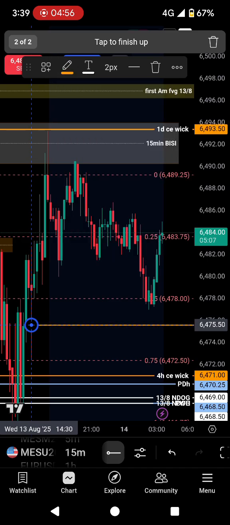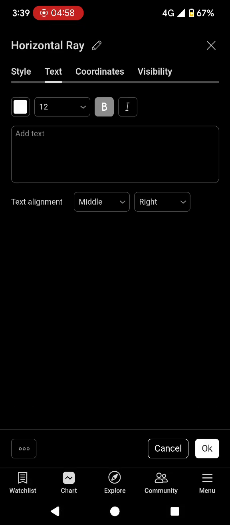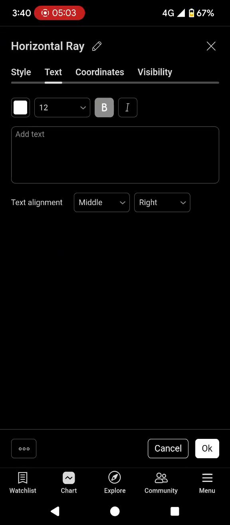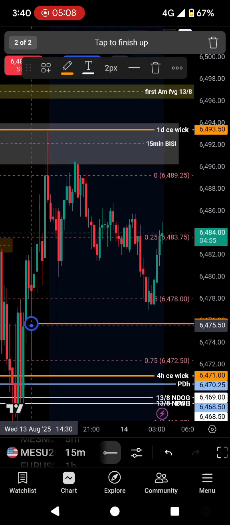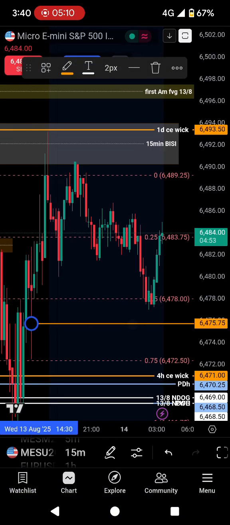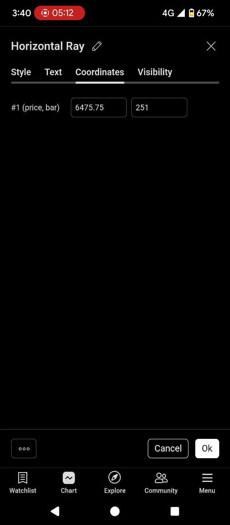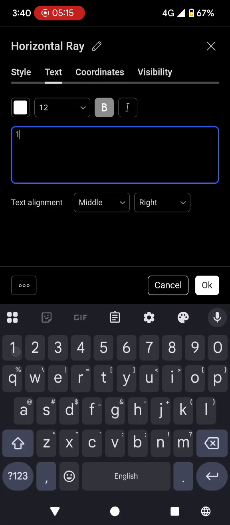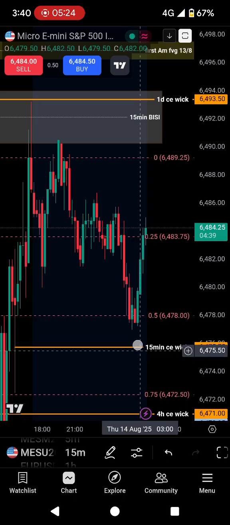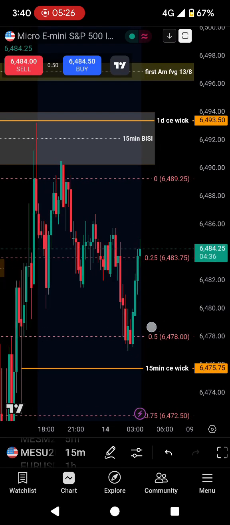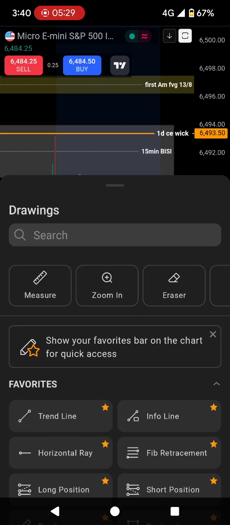Make it orange. So this is the 15-minute CE wick, and this will be a target to the downside.